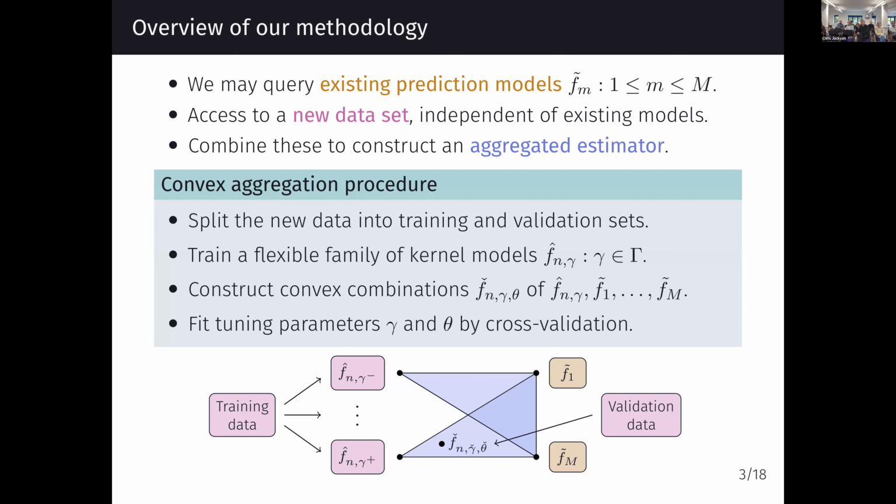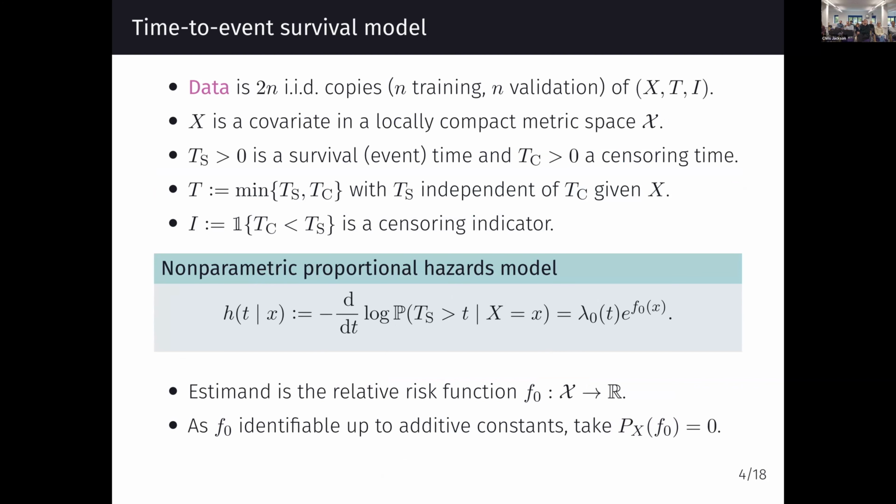Okay, so here's the statistical model that we're considering. This is a fairly standard time to event survival analysis model. We're assuming that our data is 2n copies. This is just so we can have n for training and n for validation of data taking the form of this triple X, T, delta. Here X is a covariate. These are the features that we want to use in order to predict someone's relative risk. We have some technical conditions on this, but essentially these are any reasonable covariates that you like.